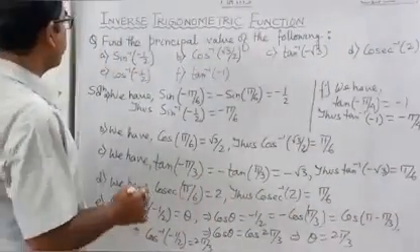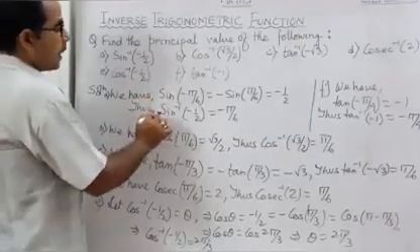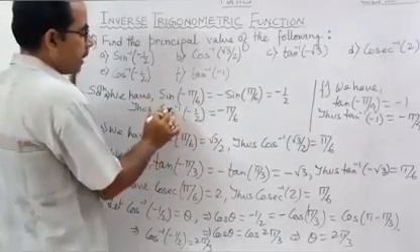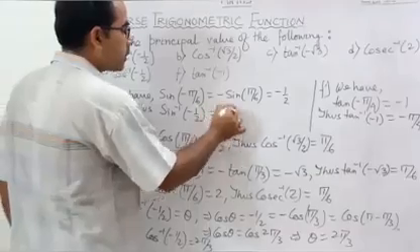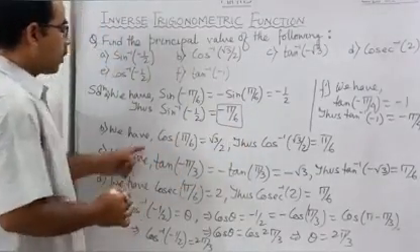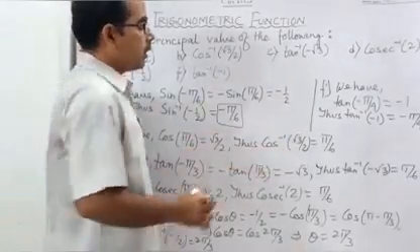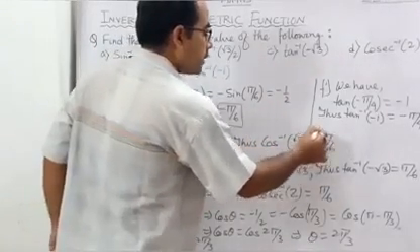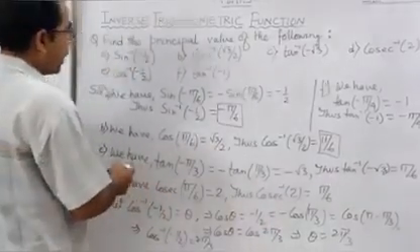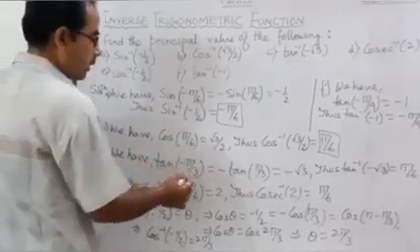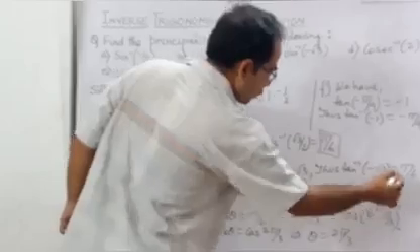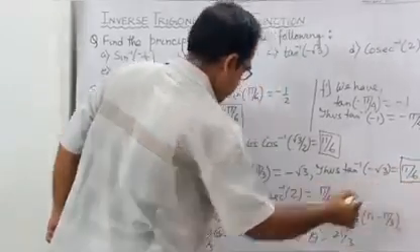So what have we actually got? The first one, sin inverse minus half is equal to minus pi by 6. Then next one, cos inverse root 3 by 2 is pi by 6. Third one, tan inverse minus root 3 will be pi by 6.